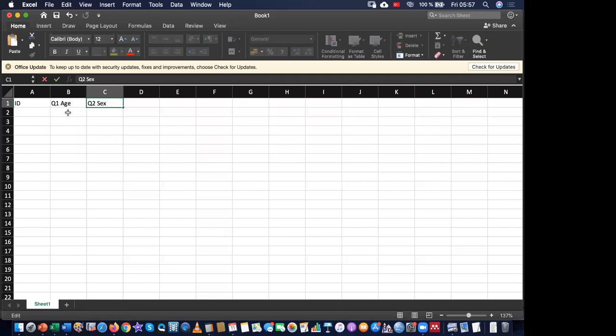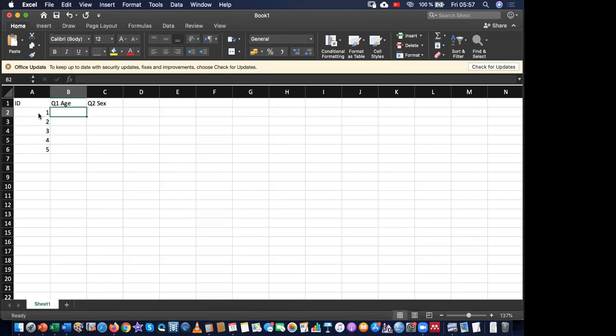And so on. So first, we need to define our data set. First, we define our data set, and then we go on with entering the data. First participant, second, third, fourth, fifth, and so on.